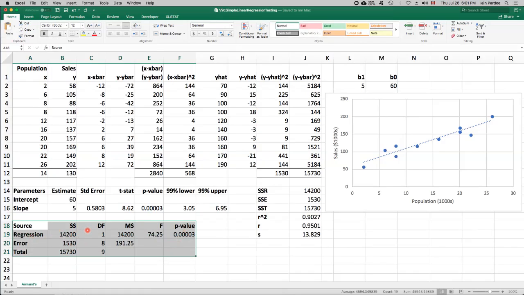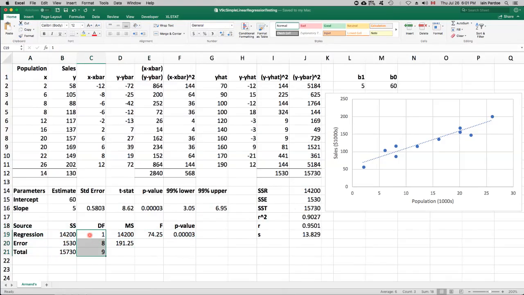Well, it is. It's an analysis of variance table, just like we studied in the last lesson. The table has a row for the regression, a row for the error, and a row for the total. These sums of squares are what we calculated earlier when we talked about R squared. There's the sum of squares for regression, sum of squares for error, and total sum of squares.